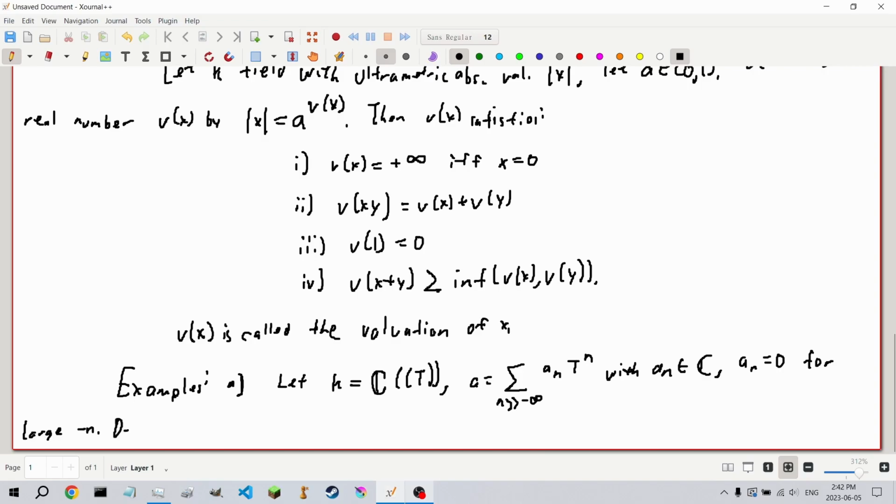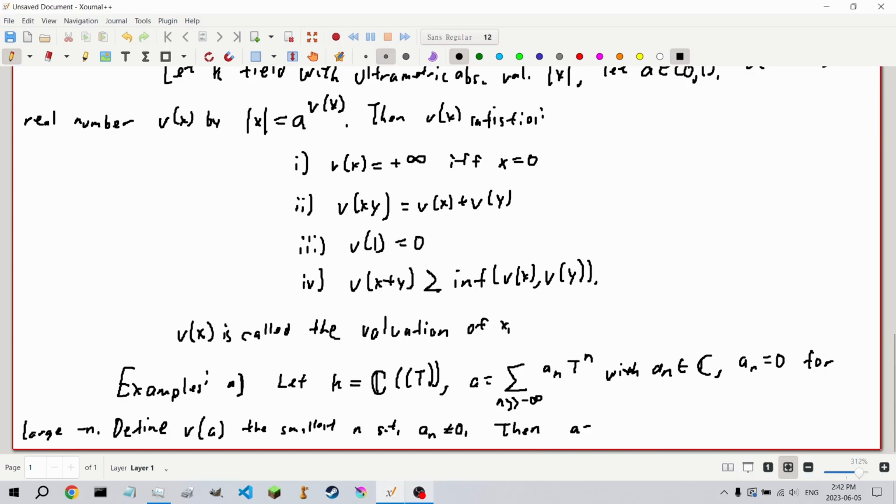We're going to define the valuation of a to be the smallest n such that that coefficient is non-zero.